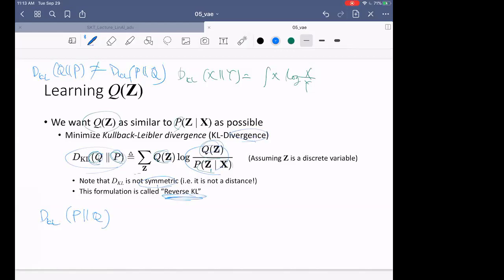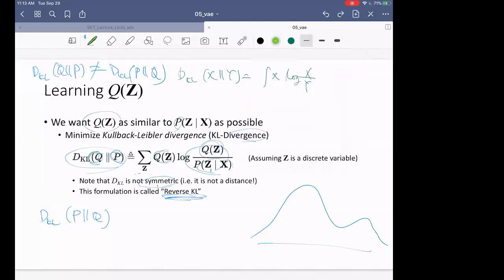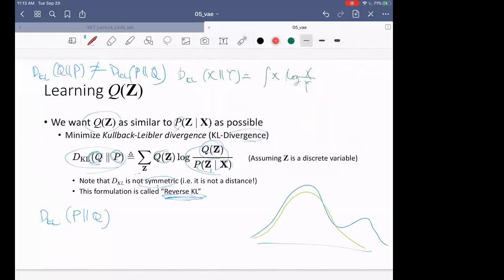I guess I can draw a picture. If your true P looks like this, and you use reverse KL with Q being the Gaussian distribution, then the Q would look like this. Maybe I should use a different color. So in a reverse KL, your Q would try to look like this, and in the original KL, your Q would look like this.